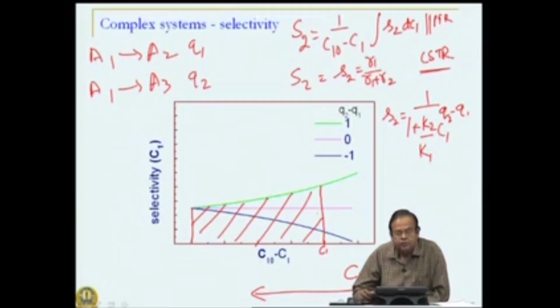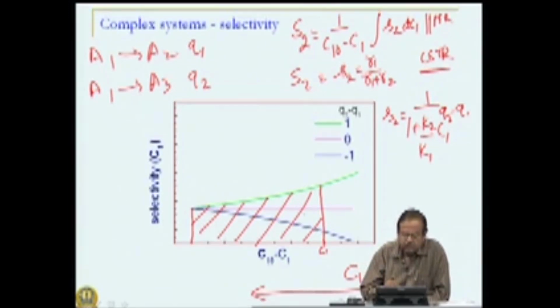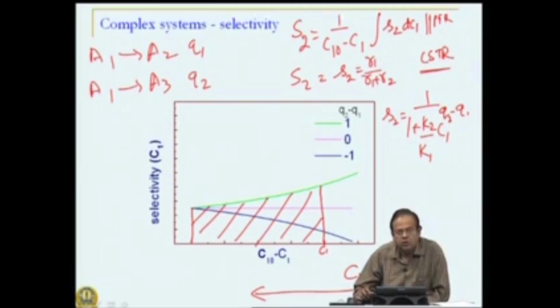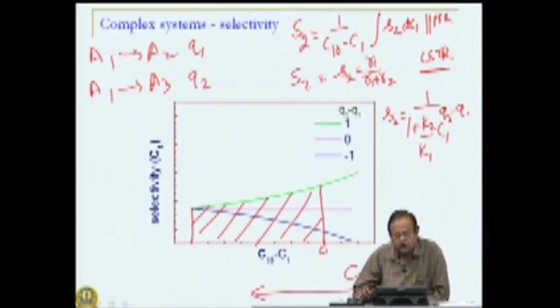But what happens if it is actually not selectivity, because we have to now divide it by 1 over C10 minus C1.